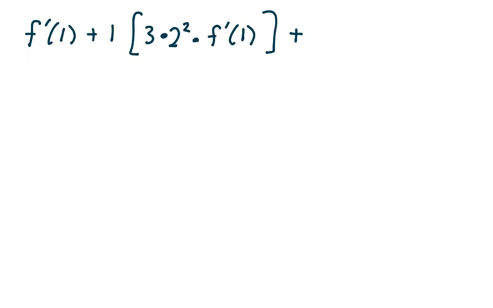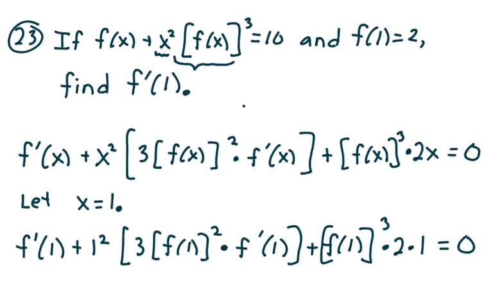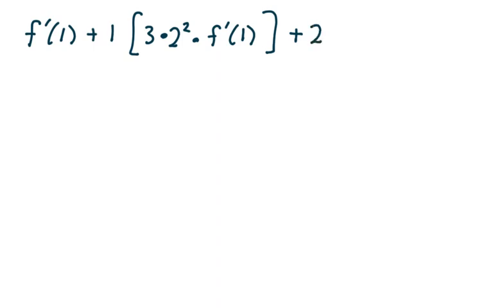And then I'm going to add 2 to the third times 2. And I'm going to set this result equal to 0. So you just have to tread very carefully.